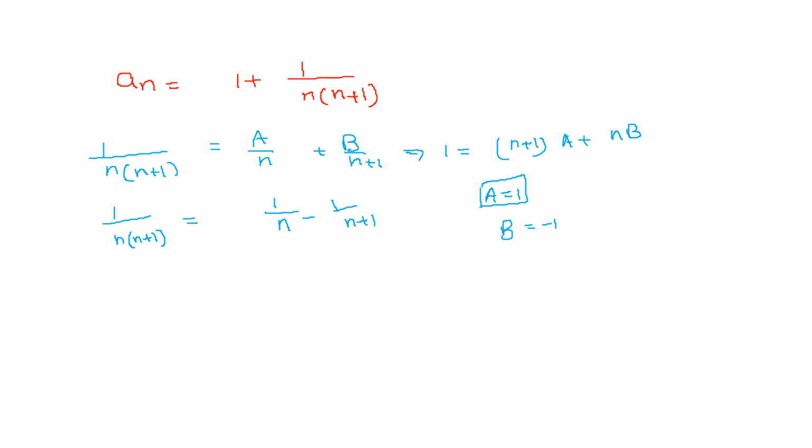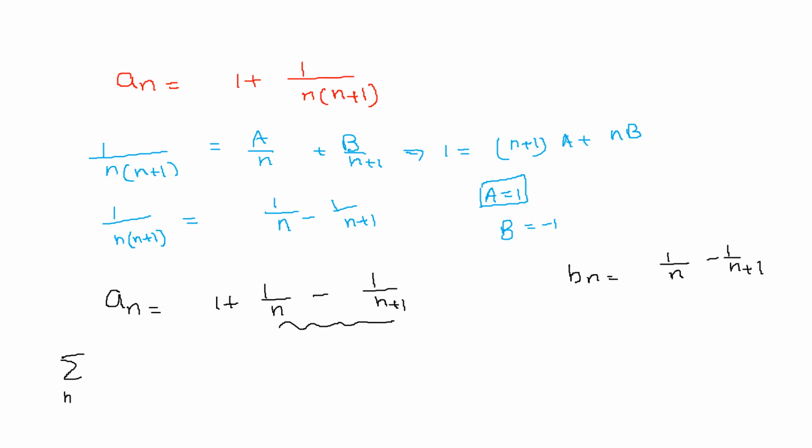So what do we have up to now? We have a_n equals 1 plus 1 over n minus 1 over n plus 1. This second part is the sequence b_n, which equals 1 over n minus 1 over n plus 1. If we want to find the summation for n equals 1 to 2021 of a_n, first of all this 1 is added up 2021 times, so this will give 2021 plus the sum of the rest.